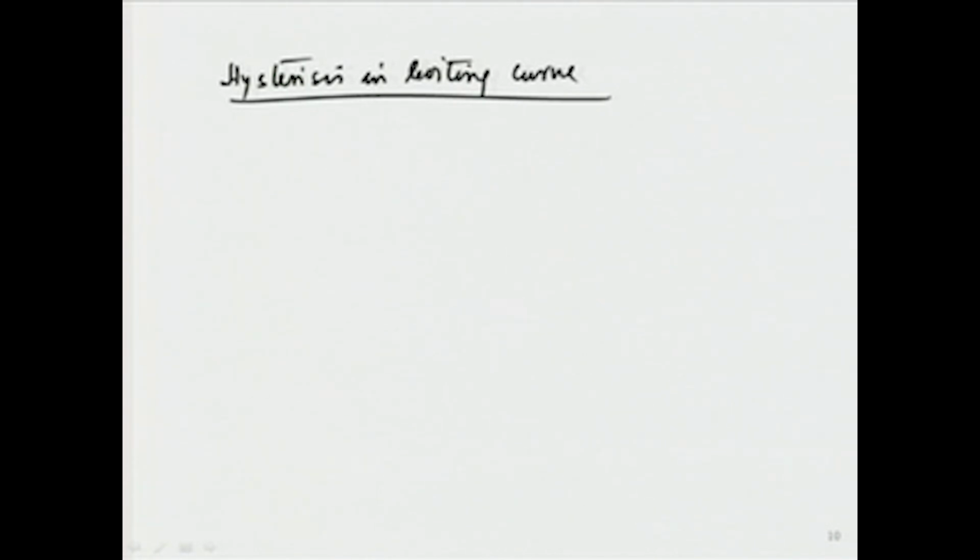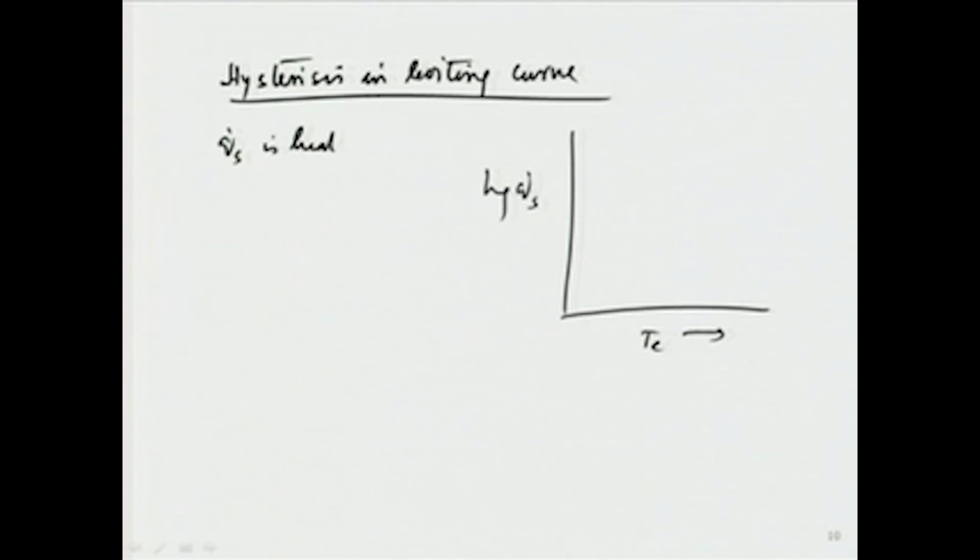What happens is that in the normal situation, if this is the excess temperature, which we have already seen, and this is the log of Q dot S, so it is the heat flux at the surface. Q dot S is the heat flux at the hot surface, and delta T is the excess temperature of the hot surface.